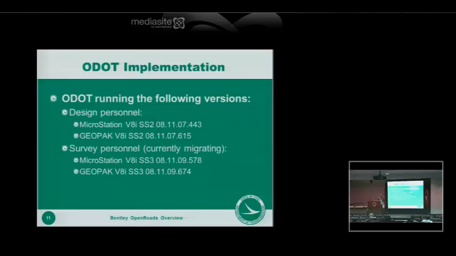Certainly there's some InRoads survey influence with it too, but the survey side of OpenRoads looks more like Geopack survey than it does InRoads survey. The field codes are all the same. I probably have a slide for this as we get into survey. So the field codes are the same, and the collection methods, as far as when I'm going to begin a line or end a line, those things are the same as you would have done with Geopack survey.